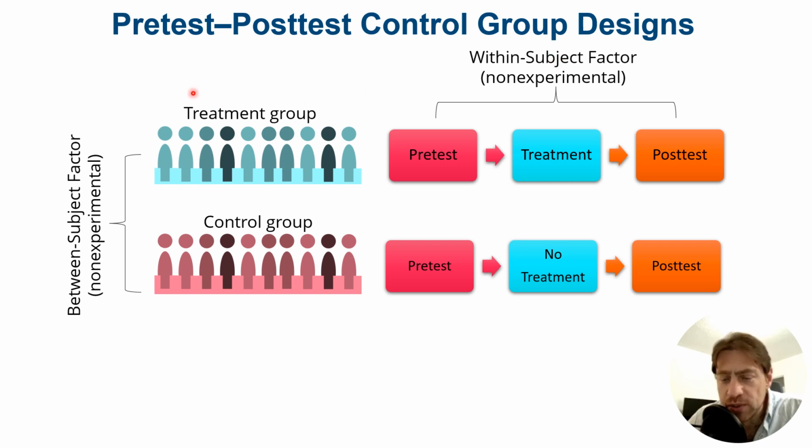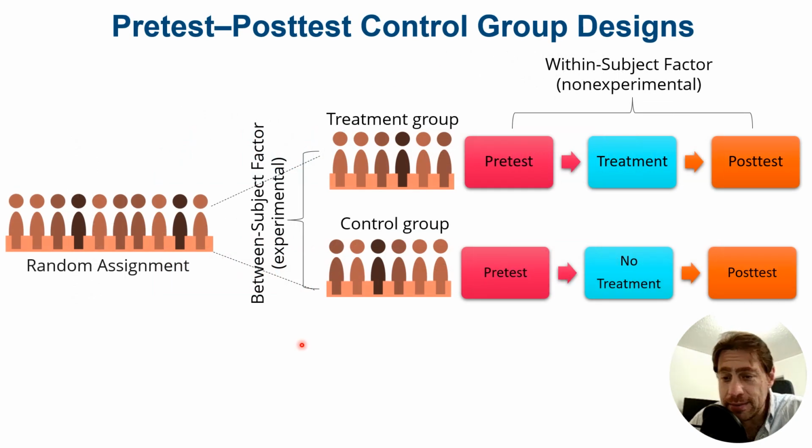So the groups, treatment or control, would be a between subject factor. You have different individuals. And all the individuals will be tested at these two time points, pre-test and post-test. So this second factor would be a within subject factor. So hence we have a mixed design.